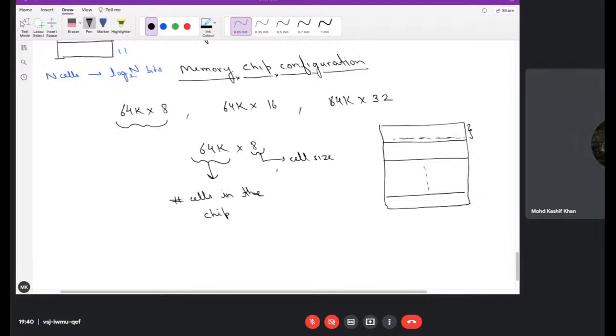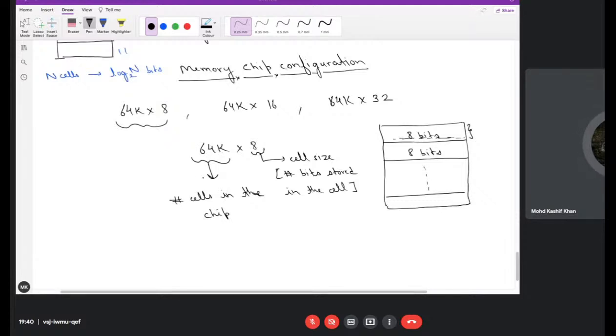It will be in bits. It means the number of bits stored in the cell. So 8 means in each cell there will be 8 bits of data. Always remember, in bits. And how many cells are there? 64K. K means 2 to the power 10.